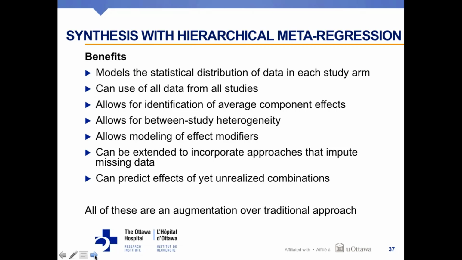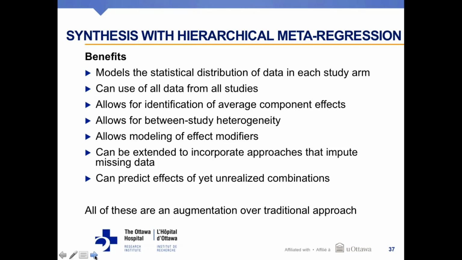So if 90 of these potential combinations of 4,000 have only been observed in real data, and we're isolating an assumed effect for these individual components, this might help us start to understand what potential effect could be observed for those other combinations that have not been tested in trials.